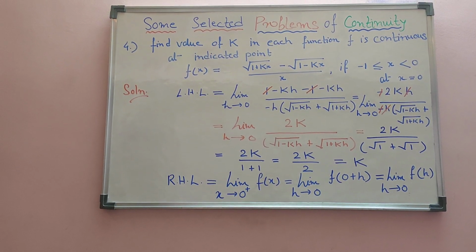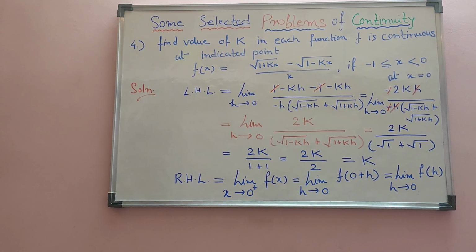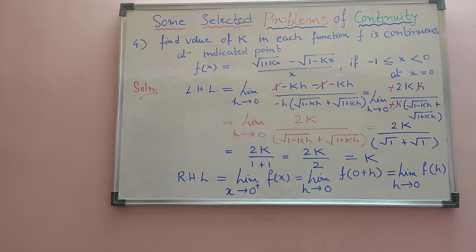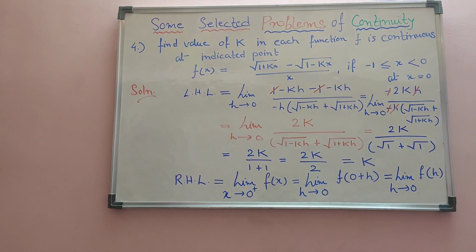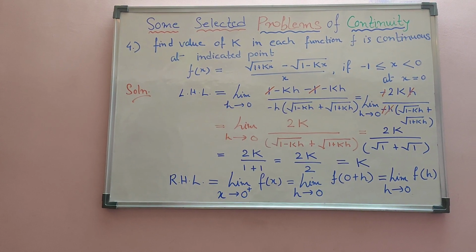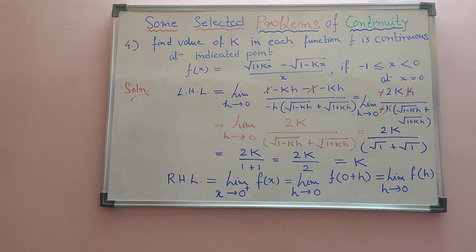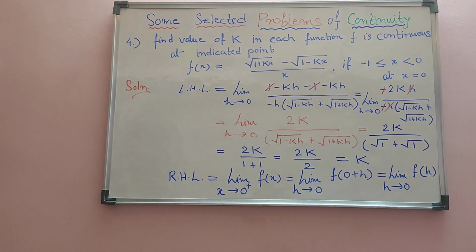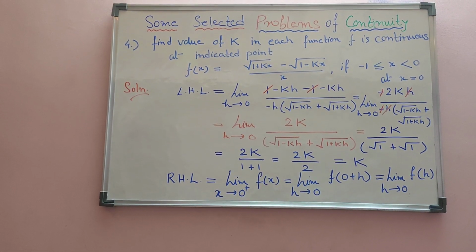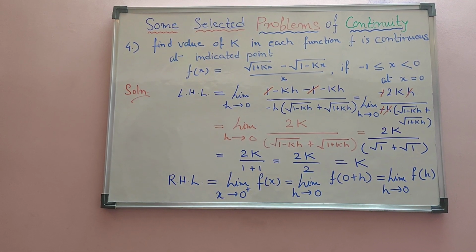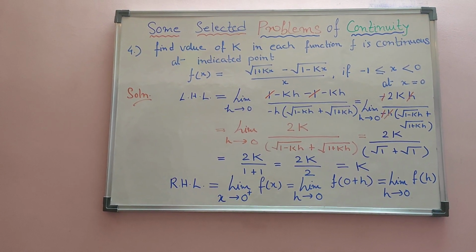Here again you can cancel the minus sign in both numerator and denominator, and h also you can cancel out. So now it becomes limit h tends to 0, 2k upon square root of 1 minus kh plus square root of 1 plus kh. Substitute the value of h, it becomes 2k upon square root of 1 plus square root of 1. Square root of 1 is always equal to 1, so 1 plus 1 is 2. 2k upon 2 becomes k. So the left hand limit value becomes k.